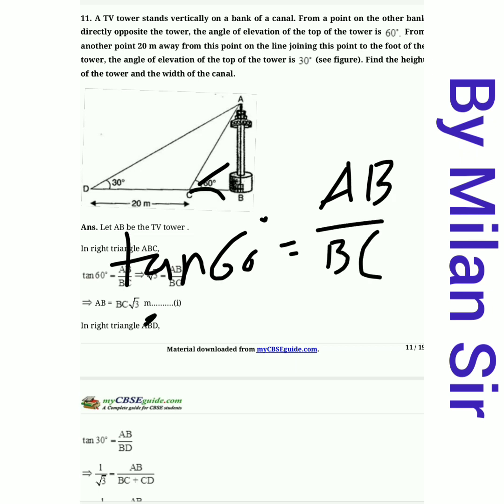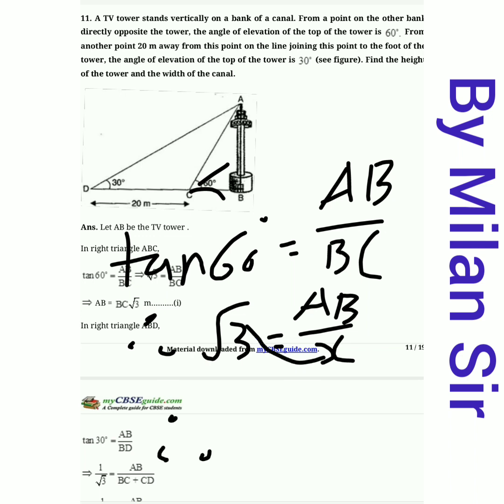Now put the value of tan 60, it is under root 3, equals AB upon BC, and we assumed BC is X. Now transfer this X to the left hand side. So AB is equal to under root 3 X. Right? AB is equal to under root 3 X.